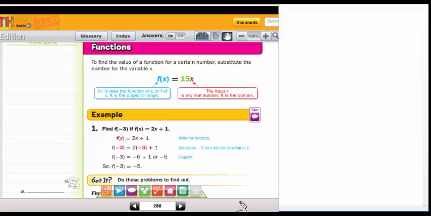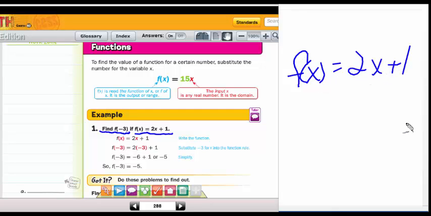Now let's take a look at example number 1. They ask us to find, remember the way this is stated is f of negative 3, so we're going to find f of negative 3 if f of x equals 2x plus 1. So we'll put that over here, f of x equals 2x plus 1. And again, we could rewrite that as y equals 2x plus 1.